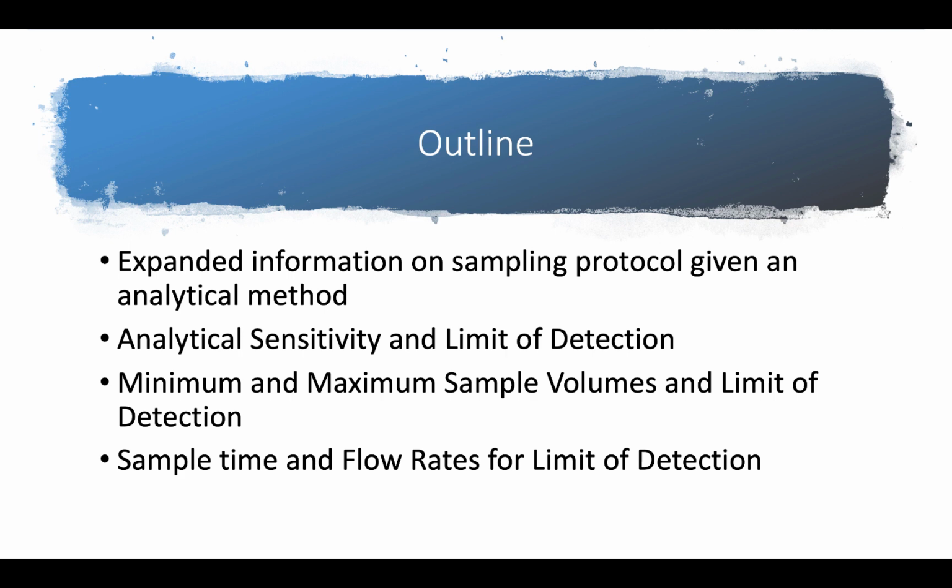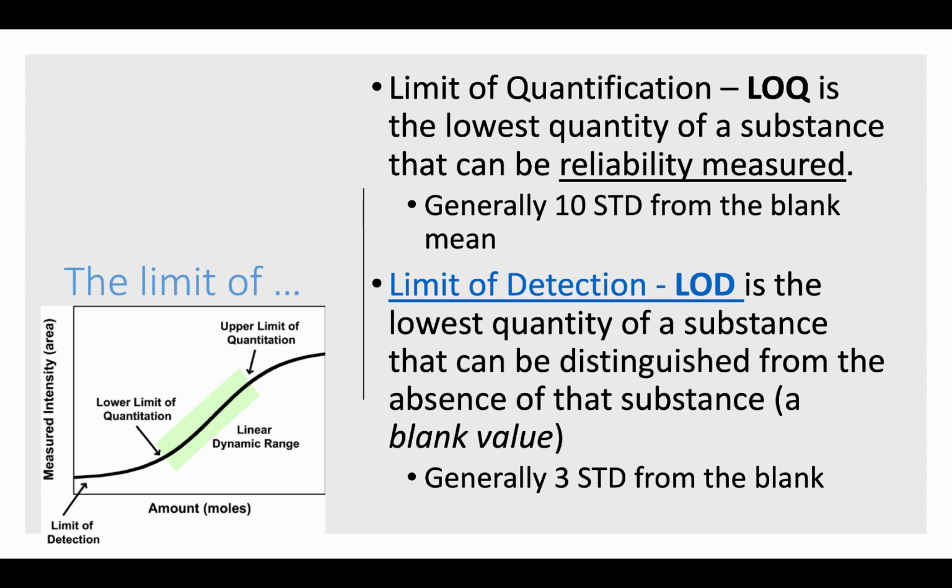And there is a difference between the lowest amount that can be repeatedly measured and the lowest amount that can be accurately detected. And we can find this in the analytical sensitivity and the limit of detection of each specific method. Understanding this will help us determine our minimum and maximum sample volume, or at least understand why it's important to stay within a specific range given your sampling time and your flow rates, because all of these play together, because ultimately your sample volume is determined by your flow rate and your sample time.